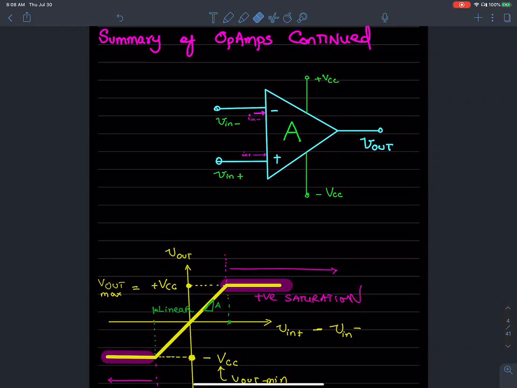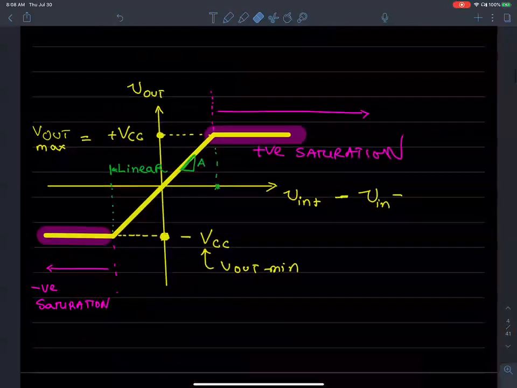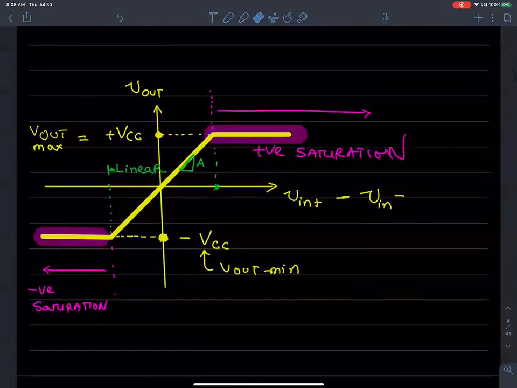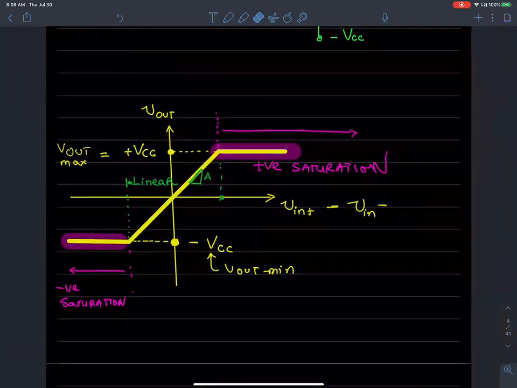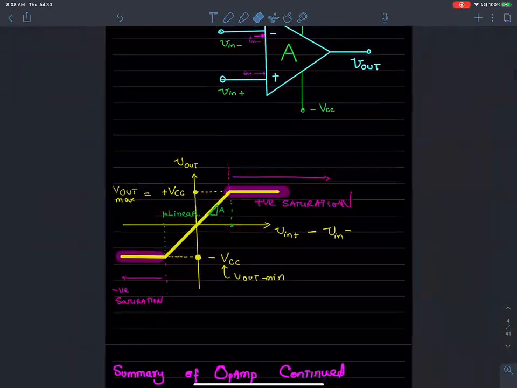You see that at the top and at the bottom, there's a flat region. We call that the saturation region, where the output does not change even when the input is increasing. So there is a linear region of operation, and we like to operate within the linear region.